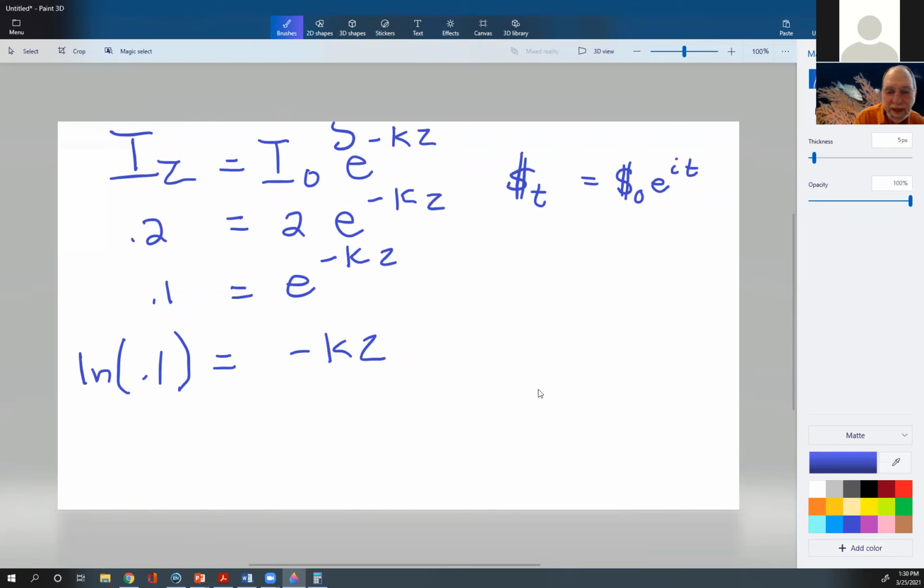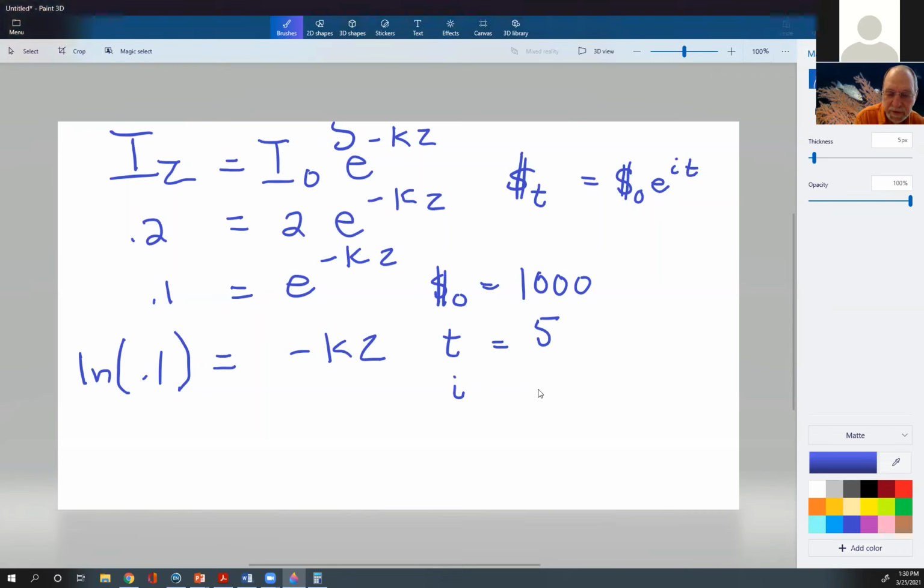So, for example, if you had an investment that was paying you 15% per year, and you made an initial investment, S0, equal to, let's say, $1,000, and then your T is equal to 5 years, let's say, and your interest rate is equal to 0.15.